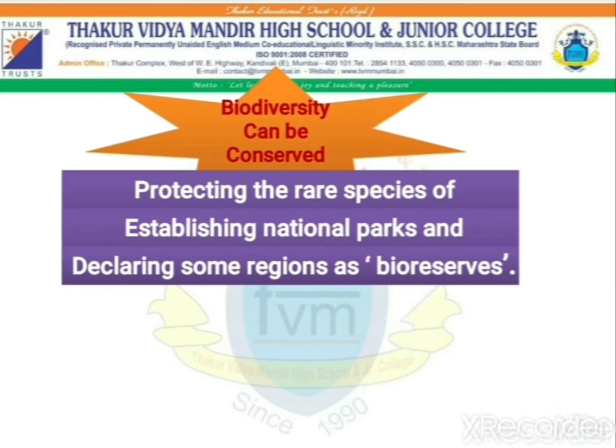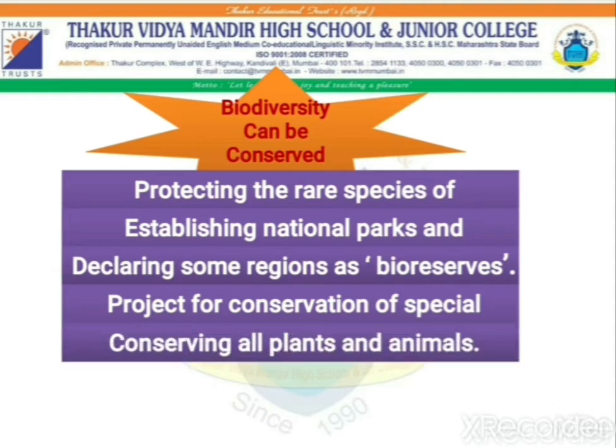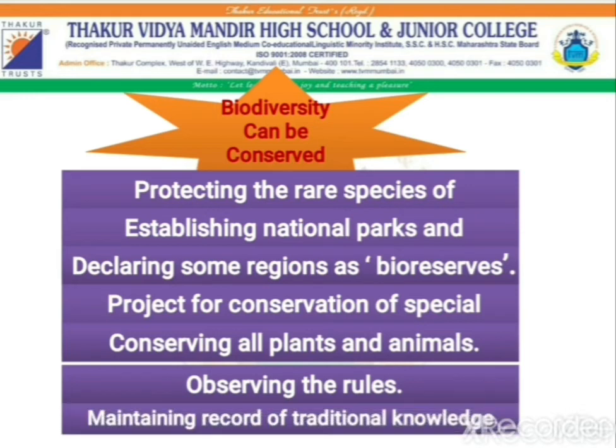Thirdly, declaring some regions as bioreserves. Next, projects for conservation of special species, that is, some rare species should be conserved. Conserving all plants and animals. Then, observing the rules. There should be certain strict rules which should be maintained. And maintaining a record of traditional knowledge. So, these are certain ways by which we can preserve biodiversity.